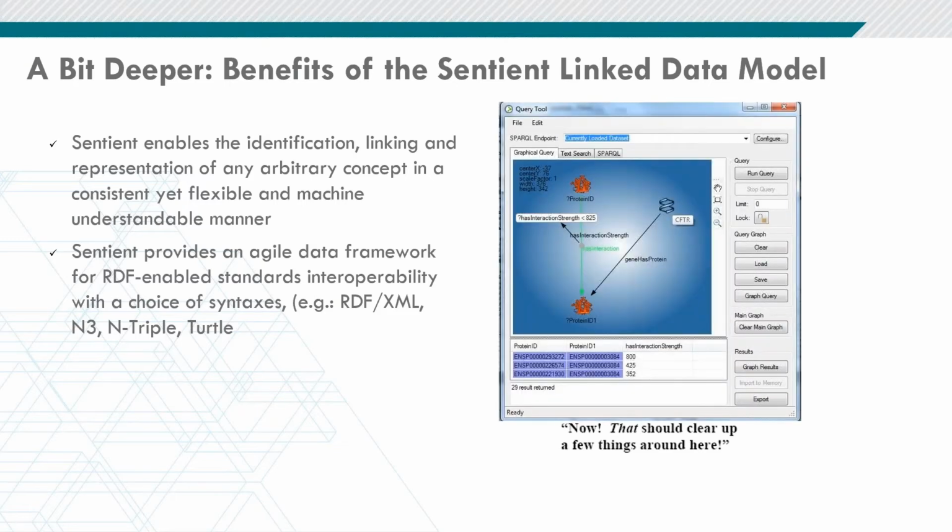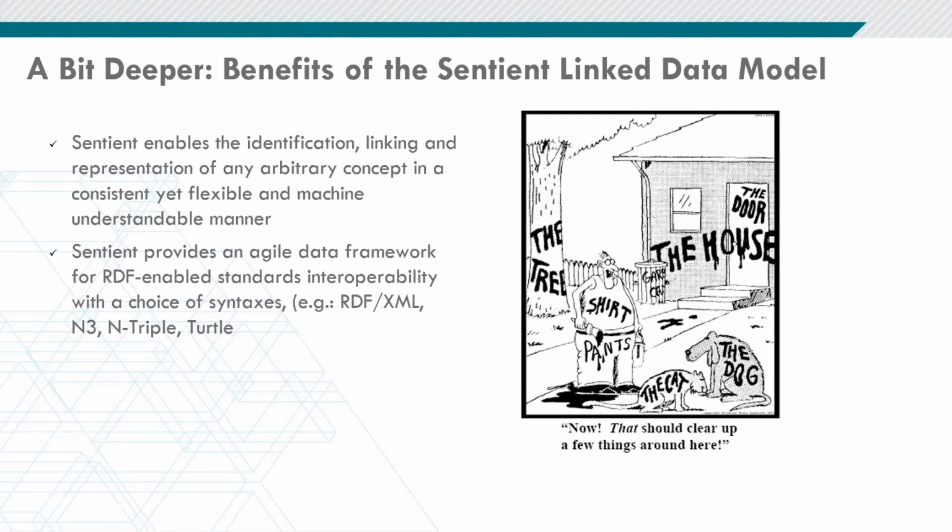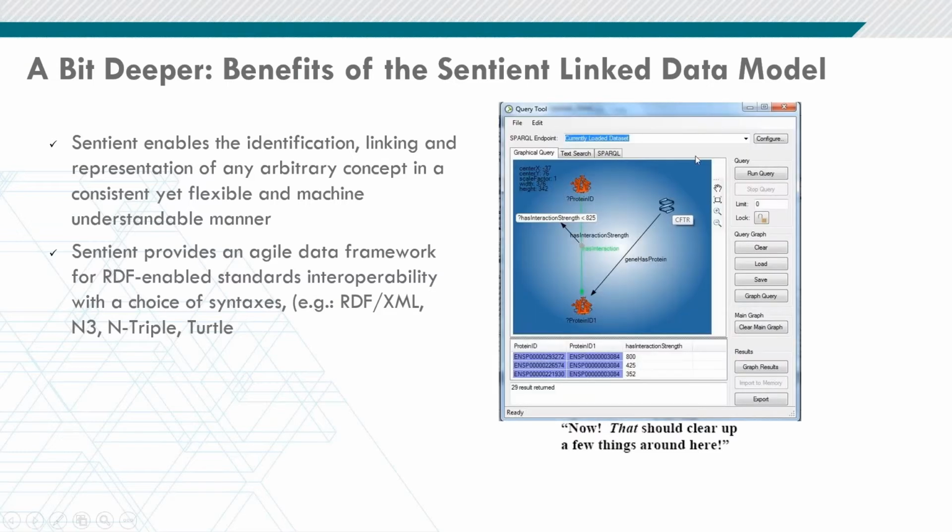We'll talk about what that means. But basically what we're doing is we're taking concepts in the background and we're connecting them in ways that allow us to ask questions. This is actually a query. Someone's looking for a gene that has associated proteins that are interacting with a certain strength. They want to look through the database to find those things.